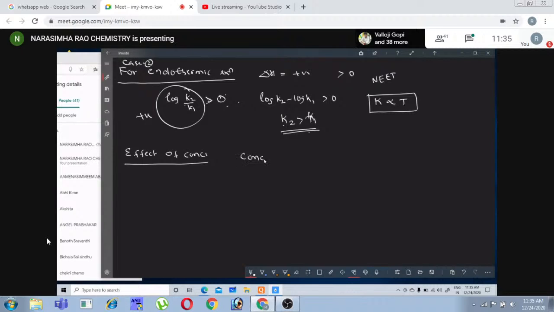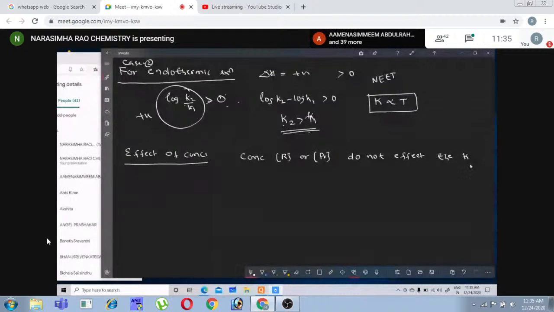Concentration of reactants or products does not affect the K. K means either Kc or Kp, children.